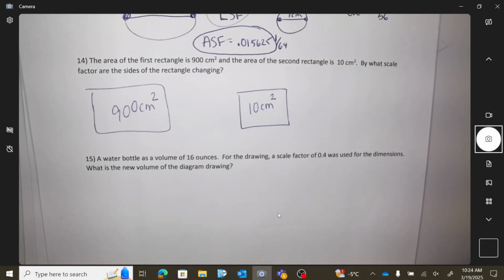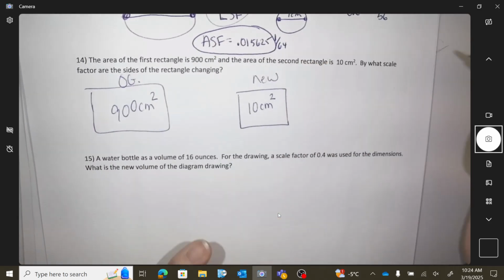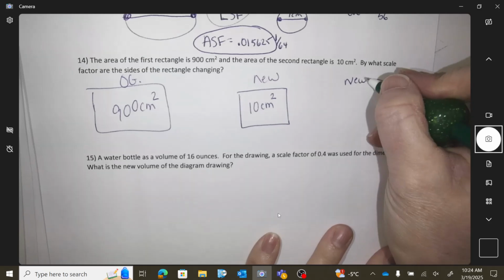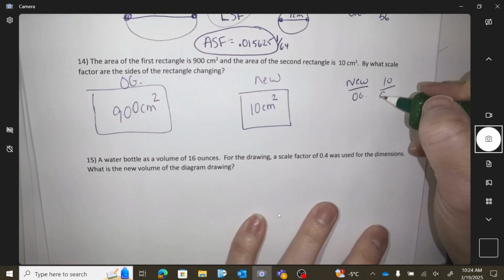Okay, so I've shrunk it. So my scale factor needs to be a small number because I shrunk this. So this is my OG and this is my new. Okay, this was the original and then I shrunk it. Okay, so new divided by original. The new one divided by the OG. So 10 over 900.